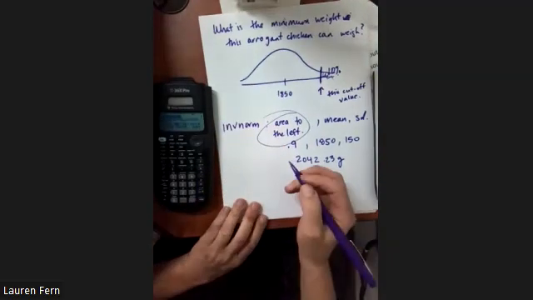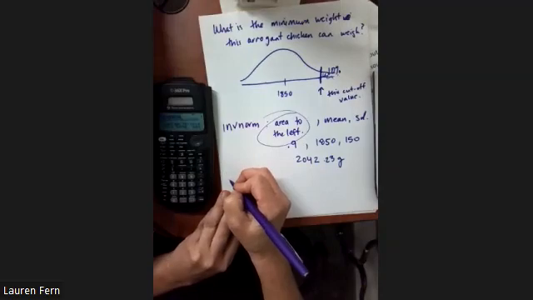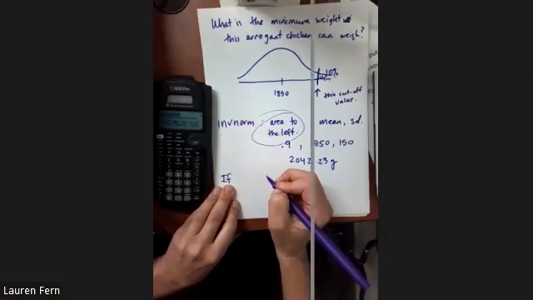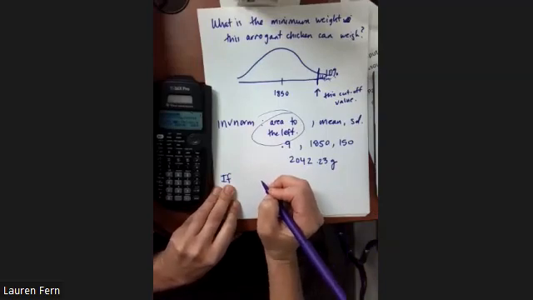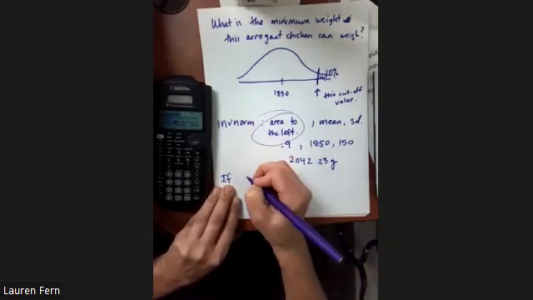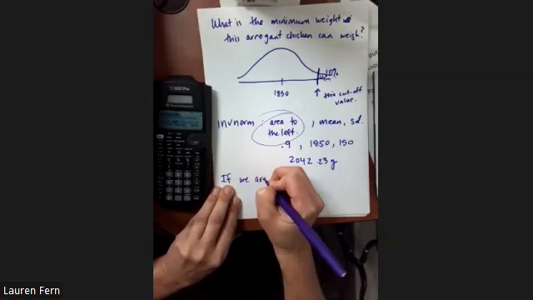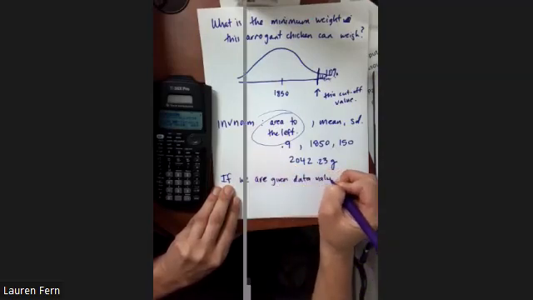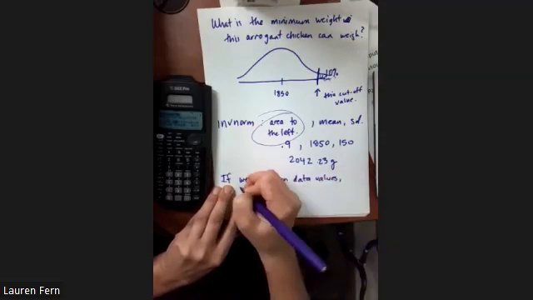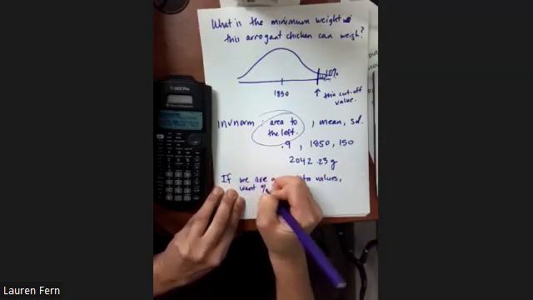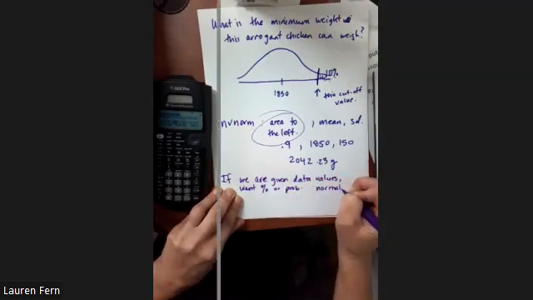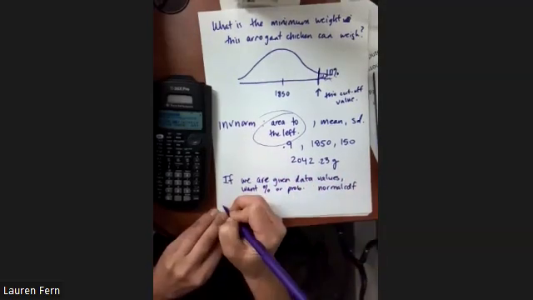Okay. So I guess what I want to say is, in general, with these normal distribution problems, the main thinking that needs to happen is, if we are given our data values and want the percent or probability, you use the normal CDF function.